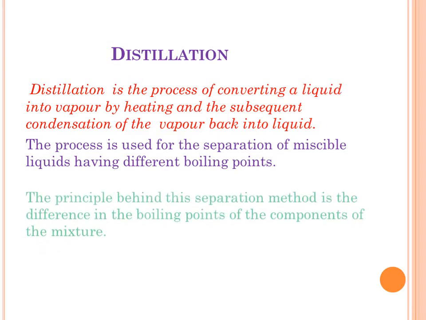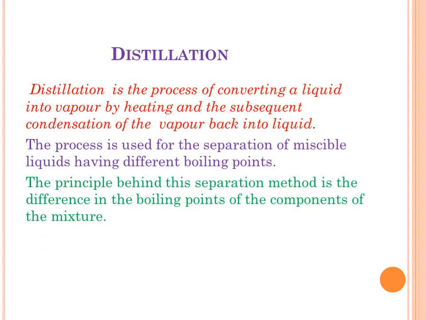The principle behind this separation method is the difference in the boiling points of the components of the mixture. When heated, the component with the lower boiling point vaporizes before the one with higher boiling point.